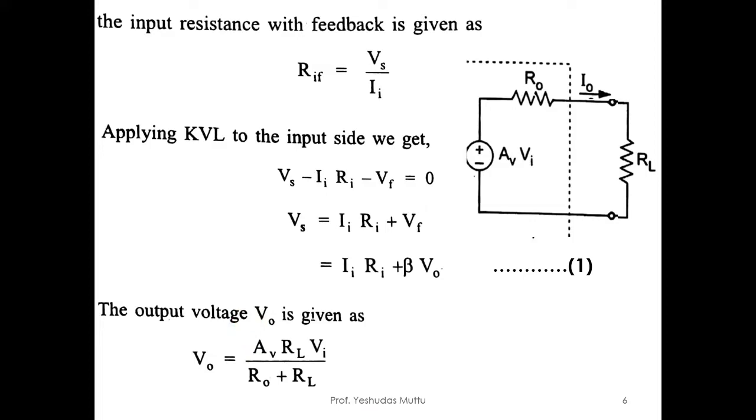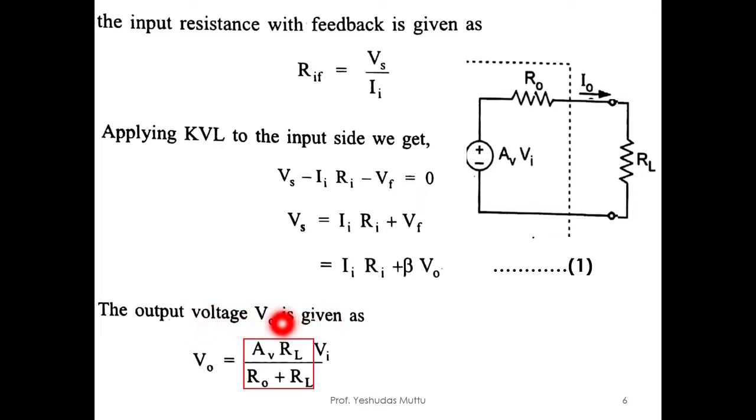Now let me consider this particular part, AV RL upon R0 plus RL, together, because can you all relate this equation? Output voltage is equal to gain times input voltage.